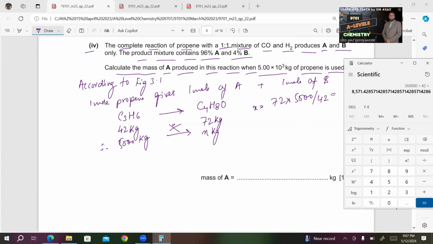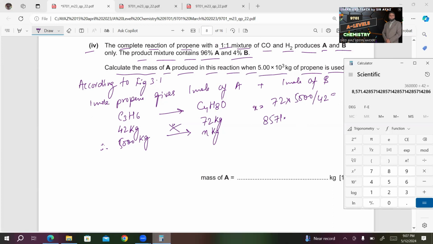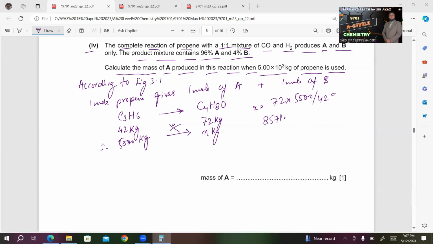That is 8571.428 kg. Now what I will do, I will calculate the 96% of this, because they are saying in the question it's 96% A. They are getting 96% A. So 96% of A means we'll multiply 96 by 8571.428 divided by 100.